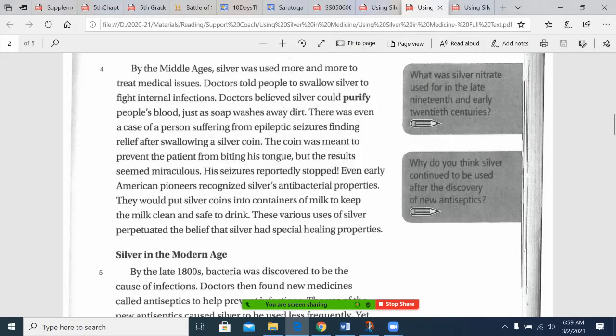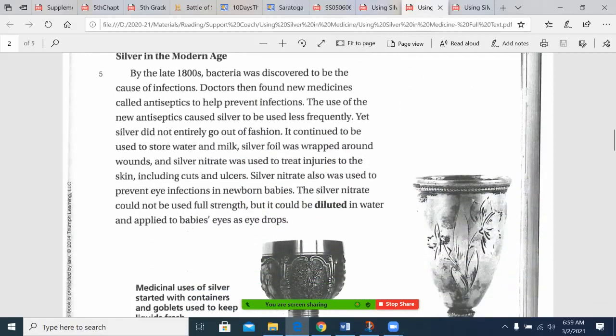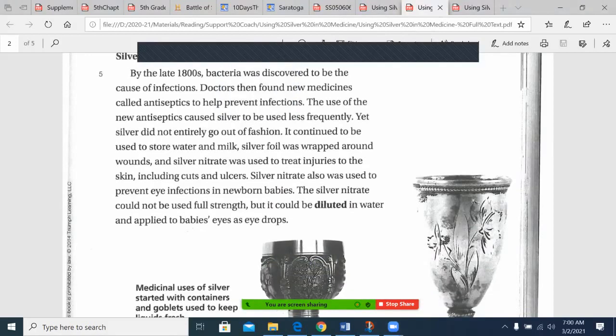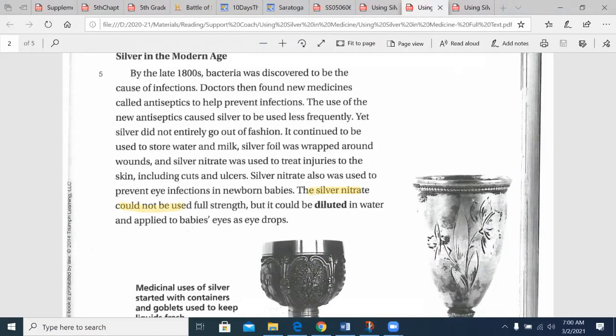Diluted on 201. The silver nitrate could not be used at full strength, but it could be diluted in water and applied to babies' eyes as eye drops. And I looked at the sentence before. Silver nitrate could not be used at full strength.